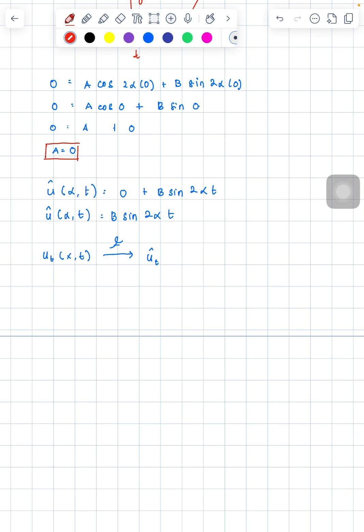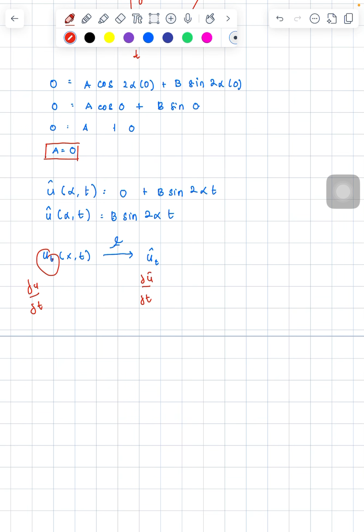So actually u_t here is delta u over delta t. So u hat_t means delta u hat over delta t.